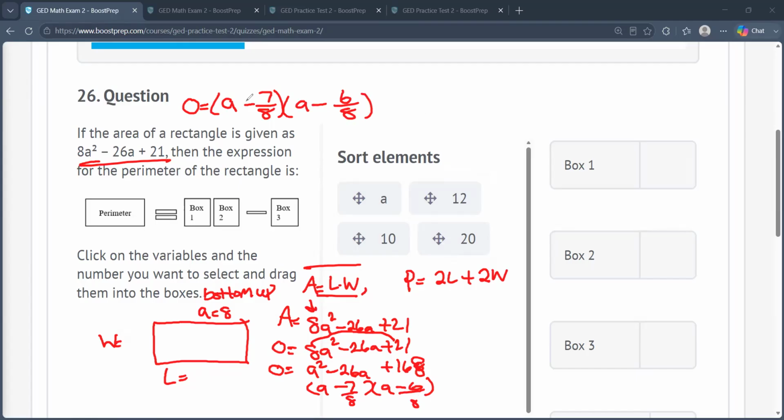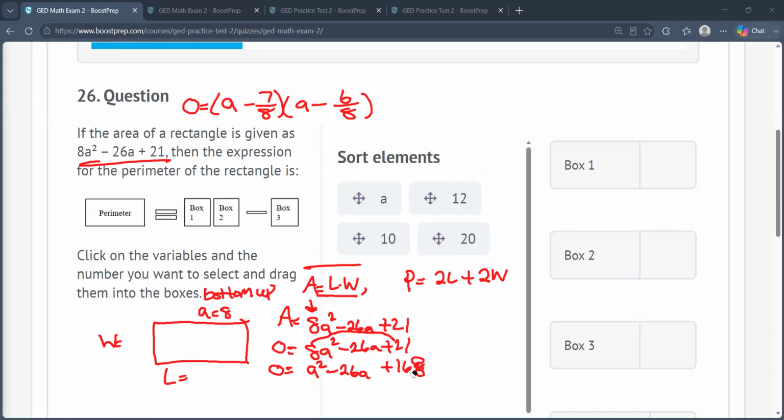Then I'm going to try to reduce. If you can't reduce, then do the bottoms up. 7/8 can't be reduced. Oh, I messed up right here.